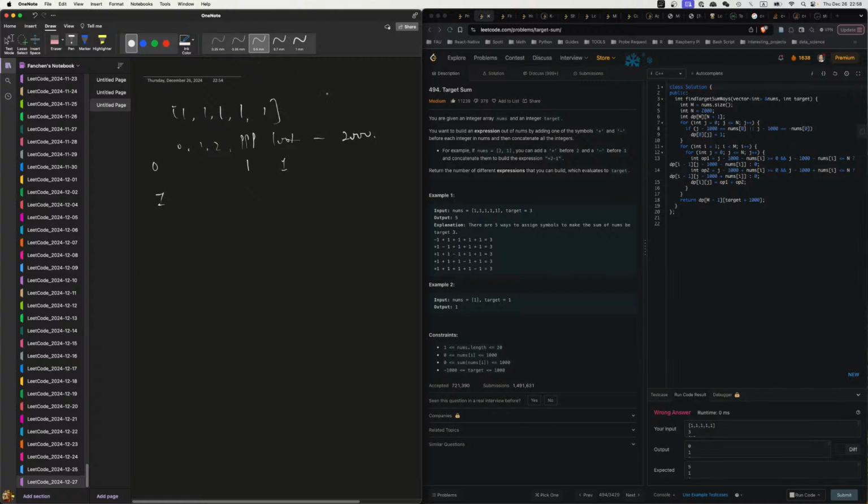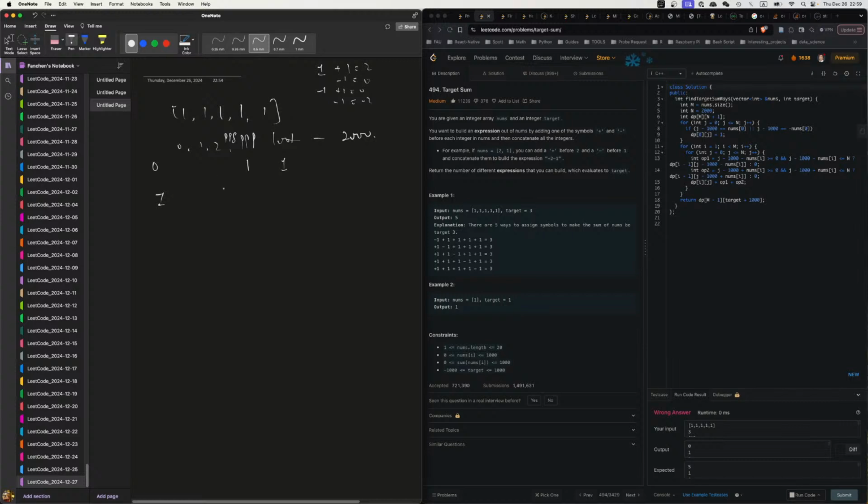Anyway, if it's 1, I can plus 1, so it can be 2. Minus 1, it can be 0. Or negative 1 plus 1 could be 0, could be negative 2. So it should be this. So in this position, I have j, let's say j minus 1000. 998. Okay, 998.